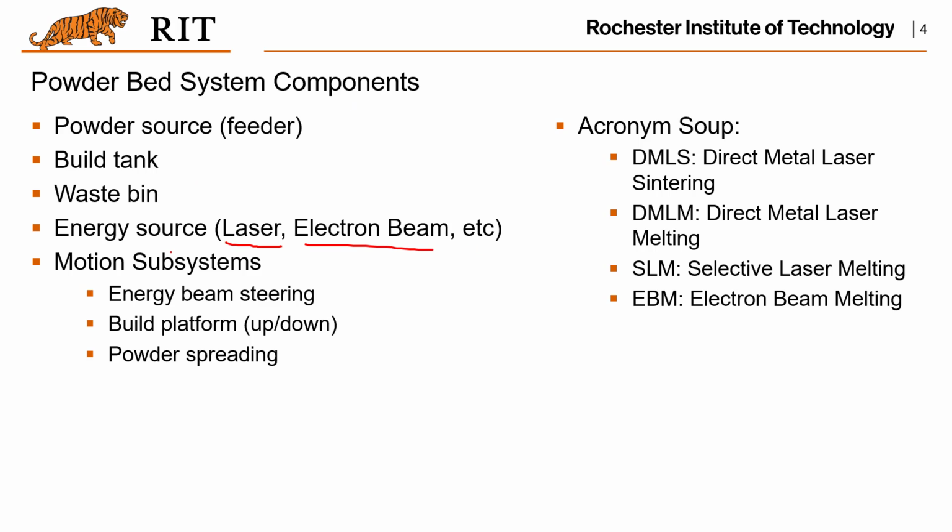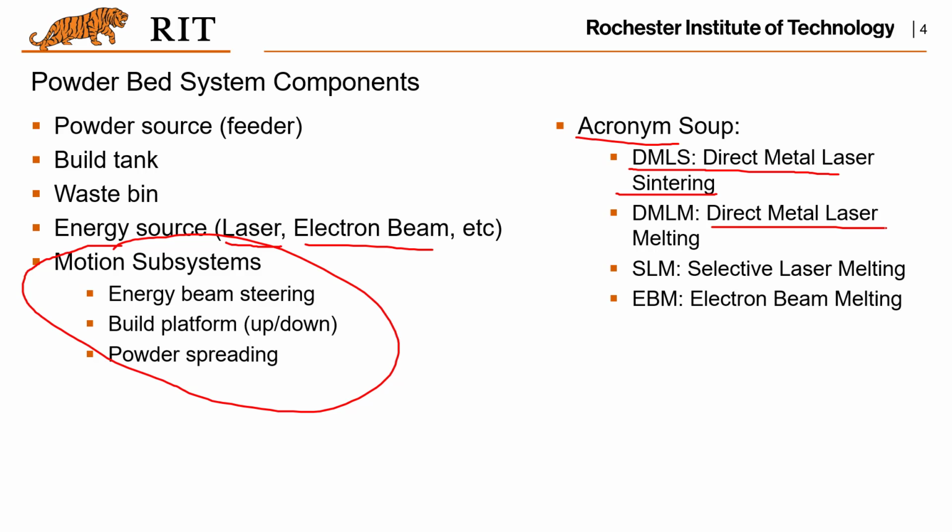There are also motion subsystems like energy beam steering, build platforms, powder spreading, and so on. Also, there are some acronyms: direct metal laser sintering, direct metal laser melting, selective laser melting, and electron beam melting.